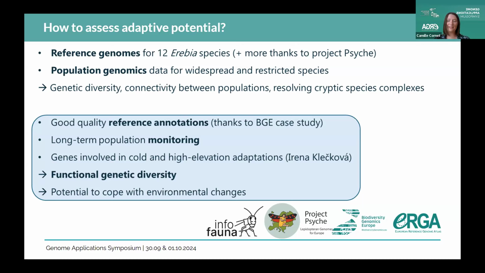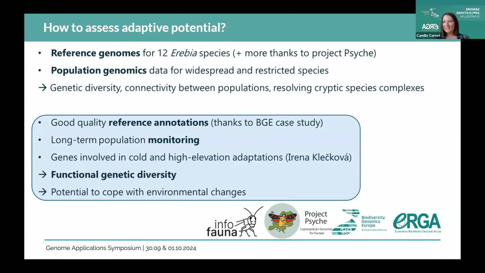I also want to mention that having good quality genomic data is very good, but it's not sufficient for conservation. Here I want to highlight Infofauna, the Swiss National Center for Faunistic Information that we are working closely with, that are doing long-term population monitoring in the field to assess exactly how the populations are doing at the moment.